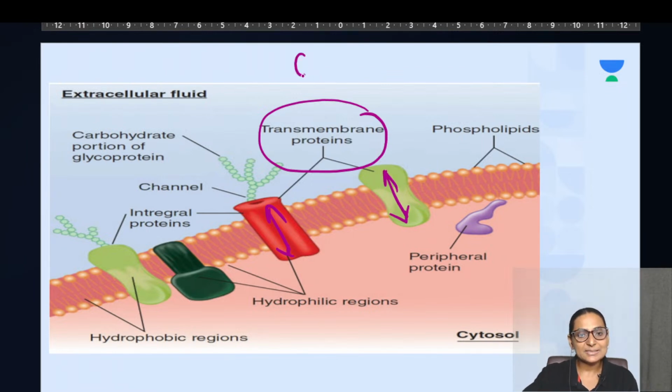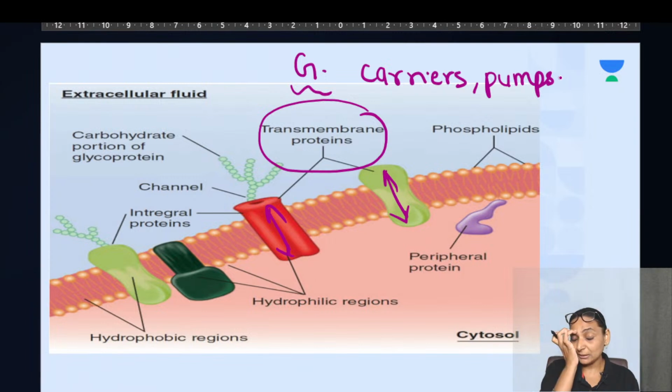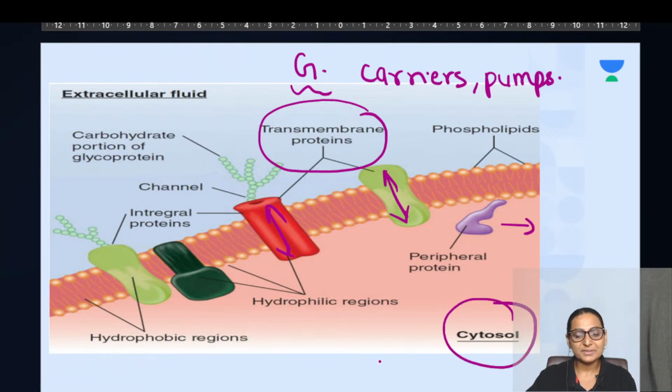These integral proteins, for example, your G protein, then all the carriers, the pumps, all those which help in transport across the cell membrane, are integral proteins. And you have peripheral proteins. These peripheral proteins can be present inside, towards the surface of the cytoplasm, or they can be present exteriorly, facing towards the ECF.